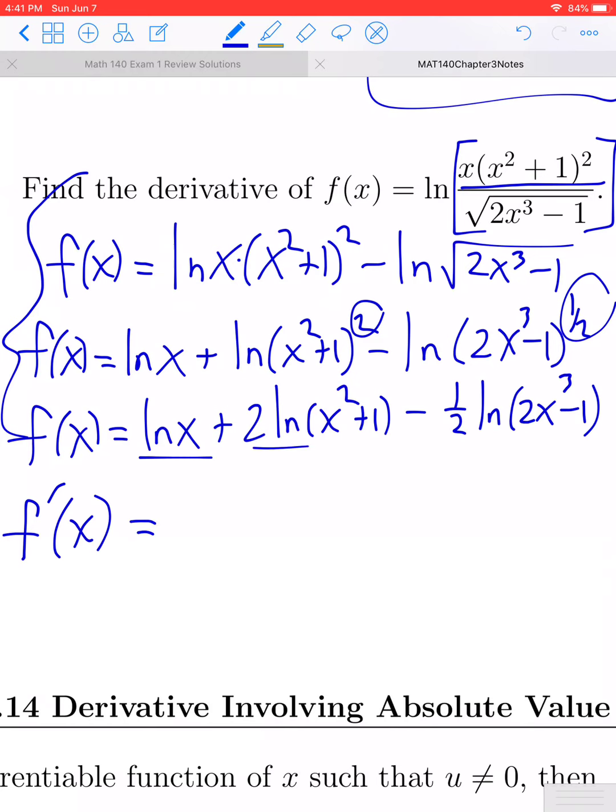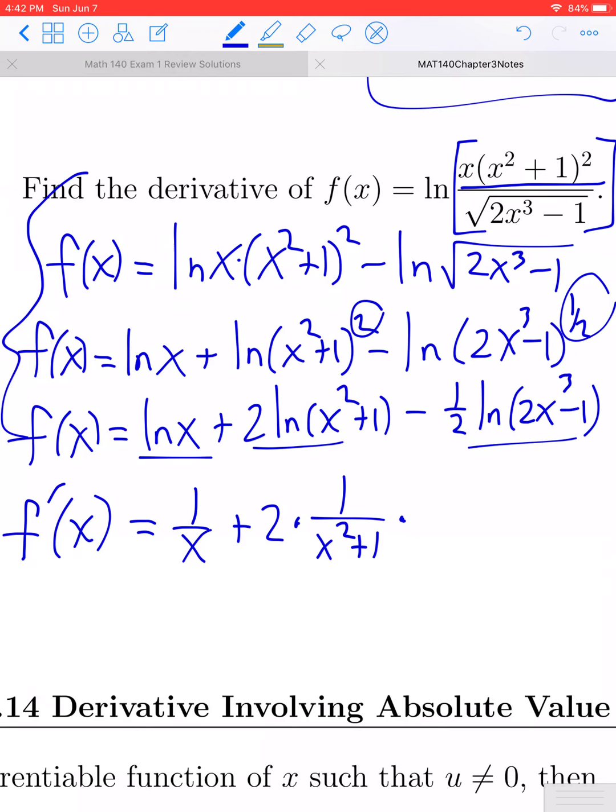We can differentiate term by term. The derivative of the ln of x is 1 over x, plus, leave the 2 out in front, the derivative of the ln of x squared plus 1. That's going to be 1 over the thing on the inside, and then from the chain rule, we need to multiply by the derivative of the inside.